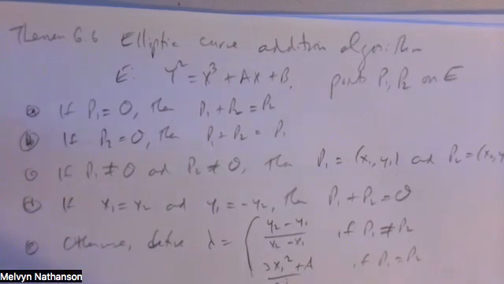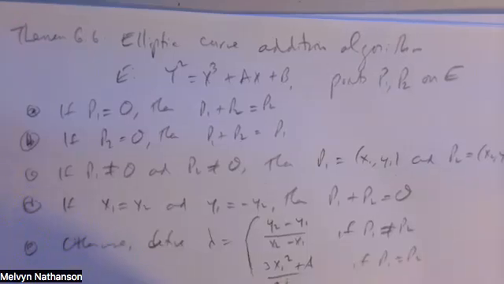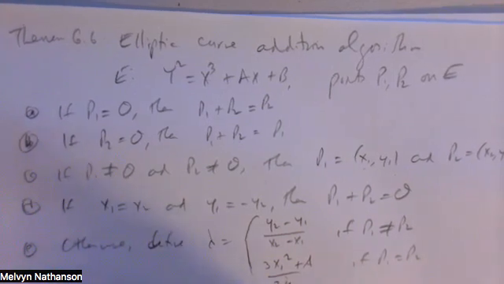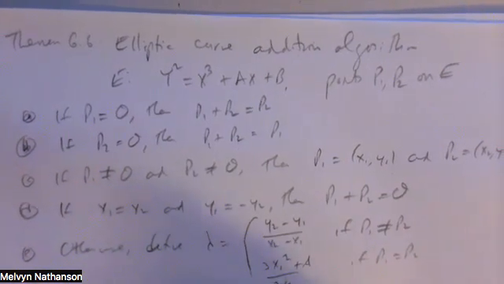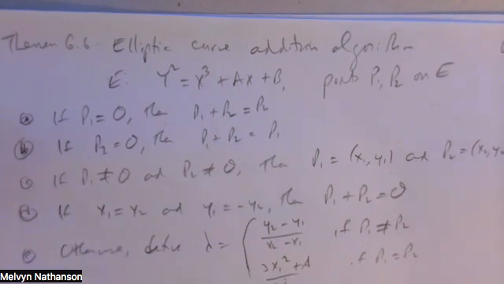And then we let x3 equal lambda squared minus x1 minus x2, y3 equal lambda times x1 minus x3 minus y1.